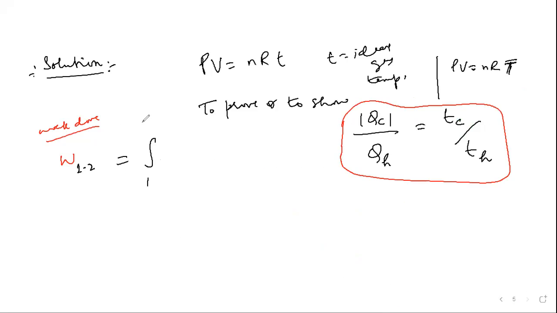Integral 1 to 2 PdV. Now instead of P, I write nRTH by V dV.